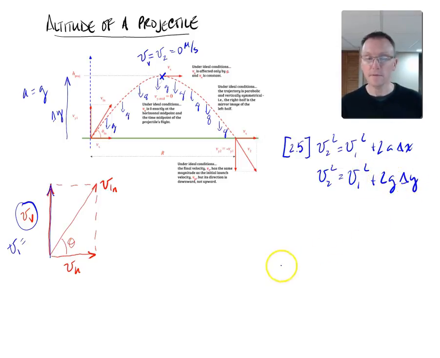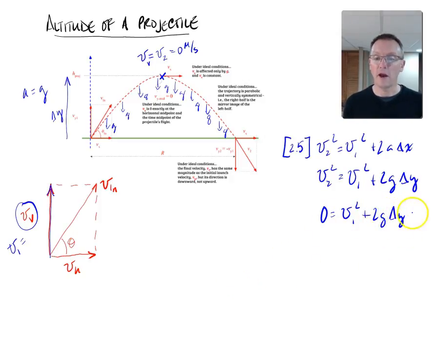Now I can further change this because I know that v2, the vertical velocity at the highest point, is 0. And so this becomes 0 equals v1 squared plus 2g delta y.